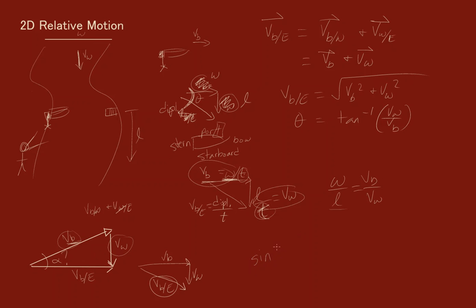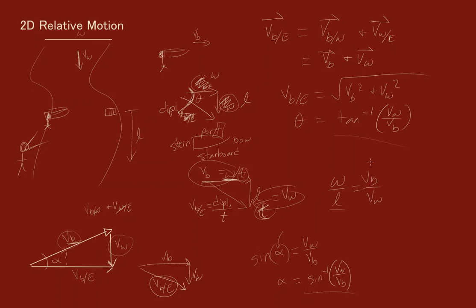So we can use sine alpha, opposite over adjacent. To find the argument of a function, we have to take the inverse. And we get a different answer than what we had before.